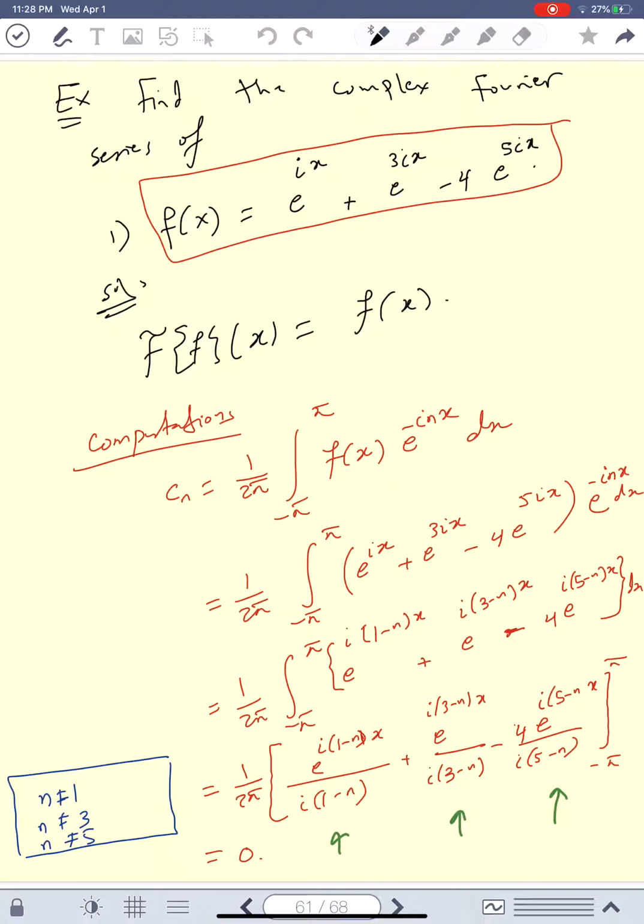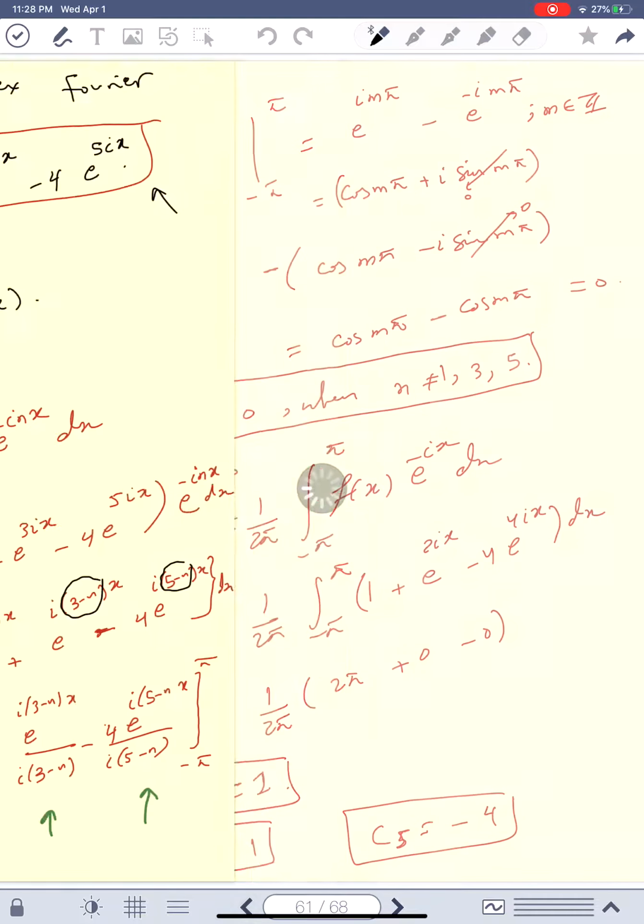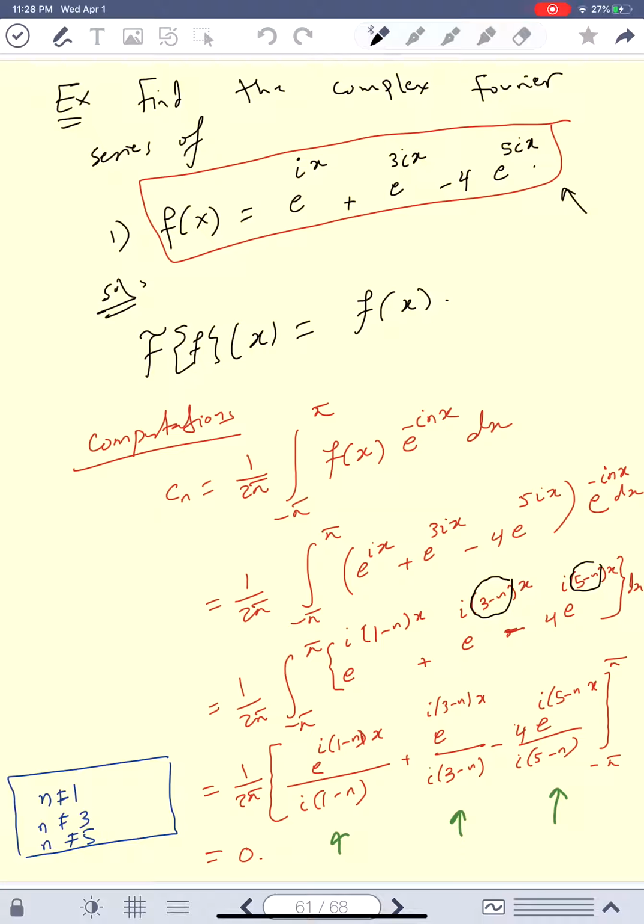Remember when we found the complex Fourier series of this function, we had to deal with integrals like this, 3 minus n, 5 minus n, and we explained all these steps, and we said these integrals will always give us 0 as long as the 3 minus n or the 5 minus n are not zeros. This was our condition, if you remember these details, okay?